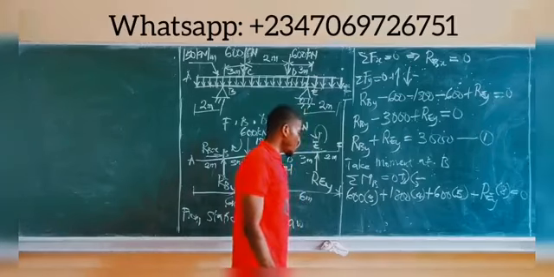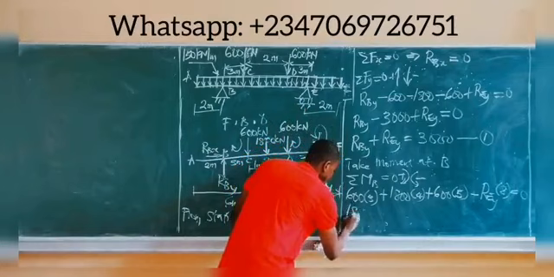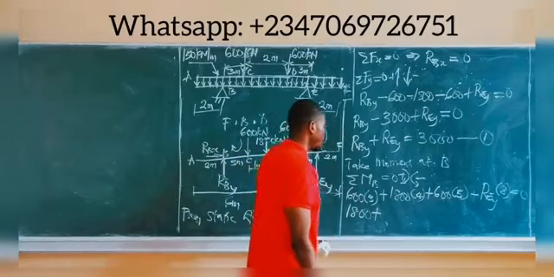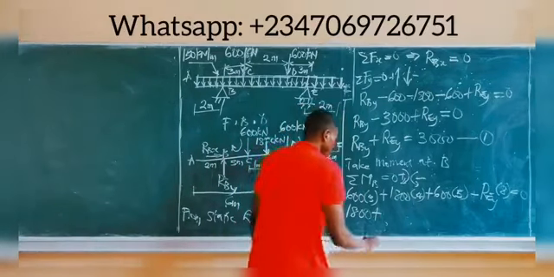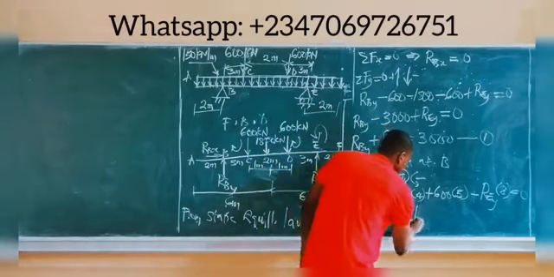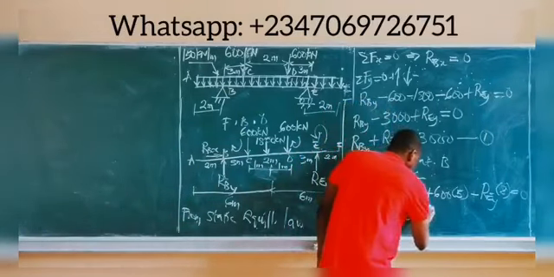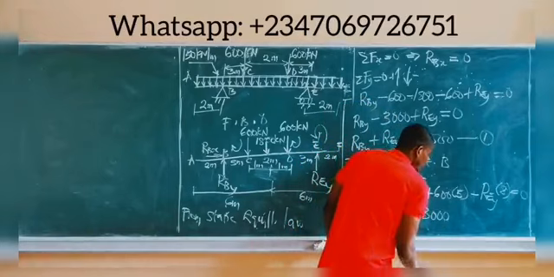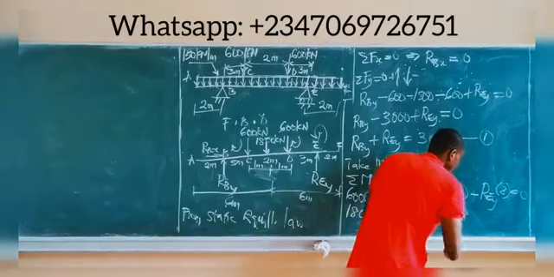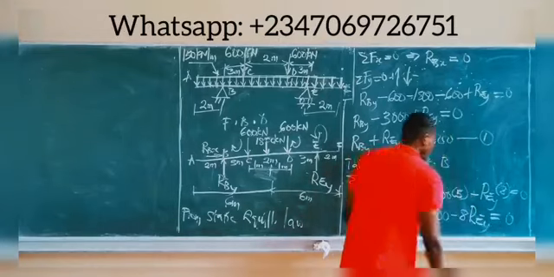Okay, so we have this. Let's now expand the bracket. 600 times 3 is 1800, plus 1800 times 4, 7,200, plus 600 times 5, that's 3,000, minus 8REY, and this is equal to 0.